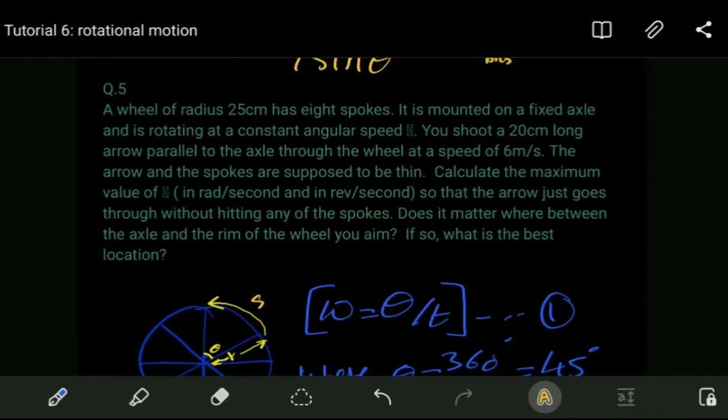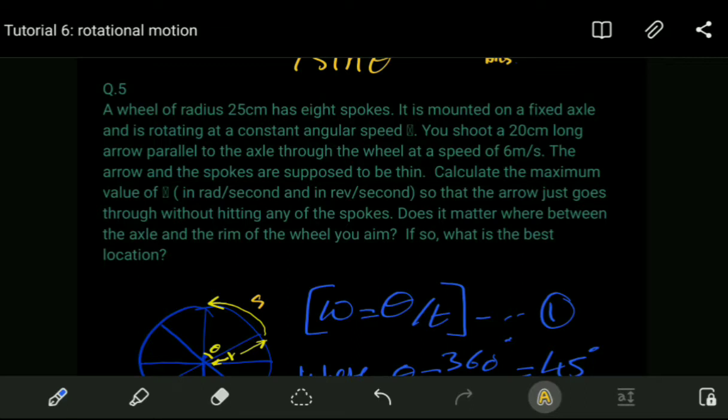Question 5, we have a wheel with radius 25 centimeters and it has 8 spokes. It's mounted on a fixed axle, and then you shoot an arrow which is 20 centimeters long. This arrow has to pass through the spokes without touching any of them.